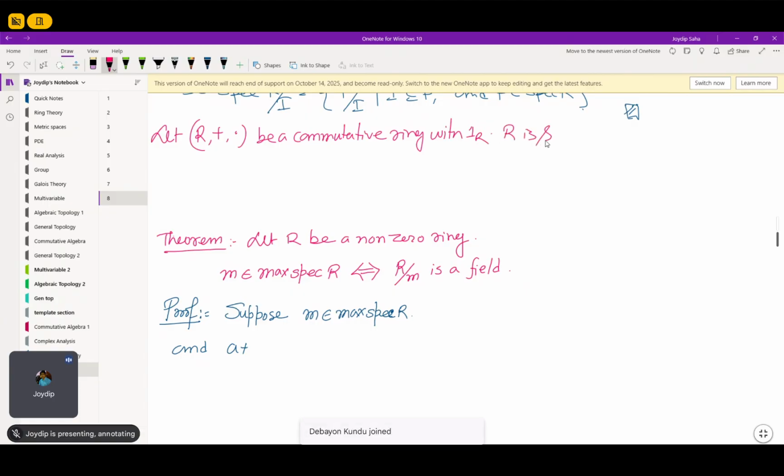R is said to be a field if each a belongs to R minus 0 has a multiplicative inverse.